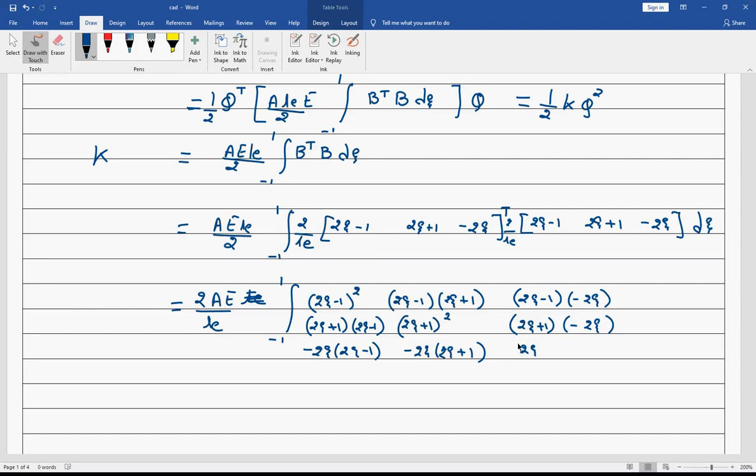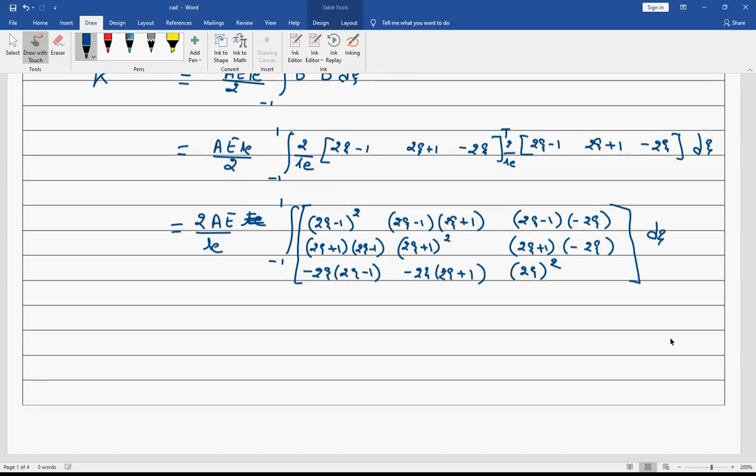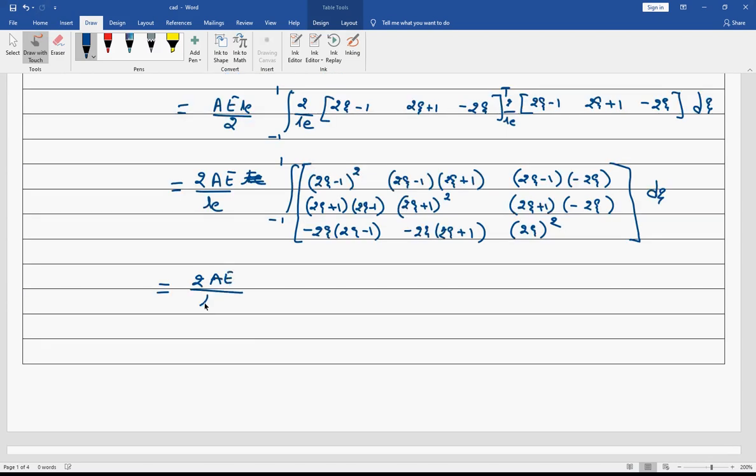Since this is minus 2 xi squared, I could write 2 xi square, no problem. This is my matrix now, with d xi. Now we have to do the integration of each element. Try to evaluate this first.